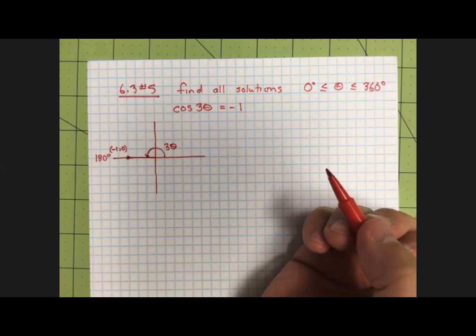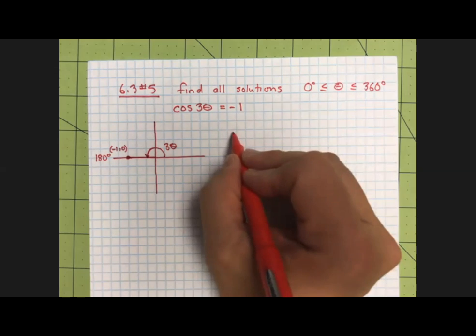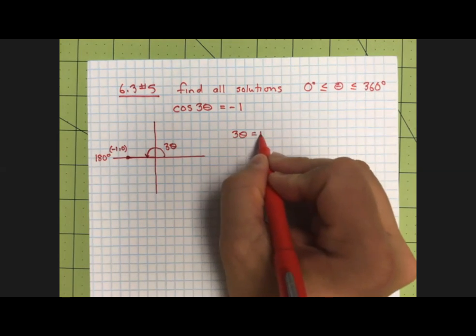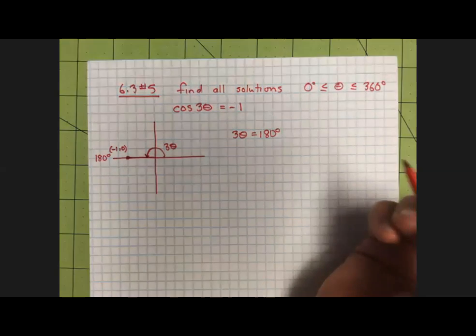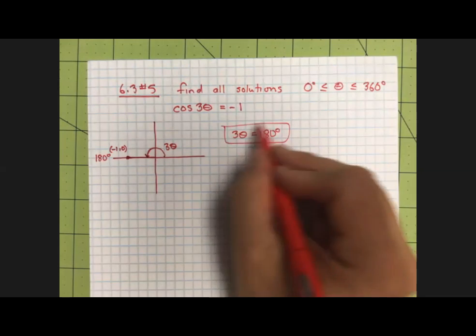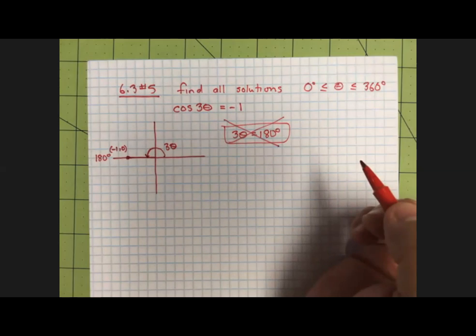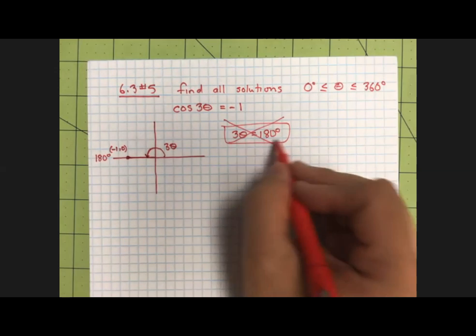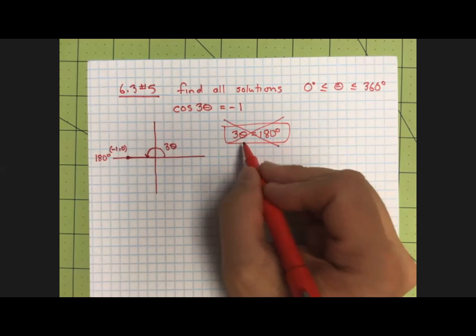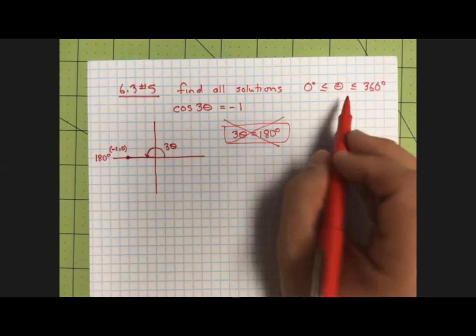So you're kind of happy. So you write on your paper, 3 theta is 180 degrees. But when you get it back, someone marked it wrong. Why would they mark that wrong? Because they didn't ask you what 3 theta was. They asked you what theta was.